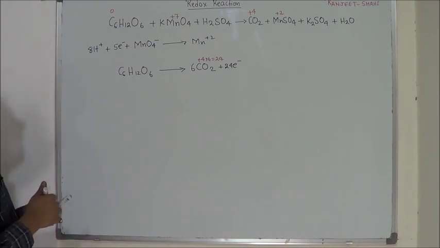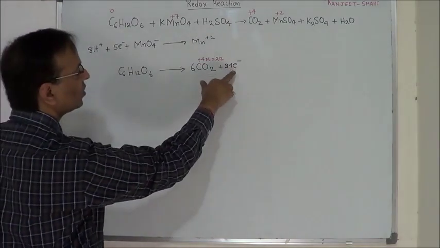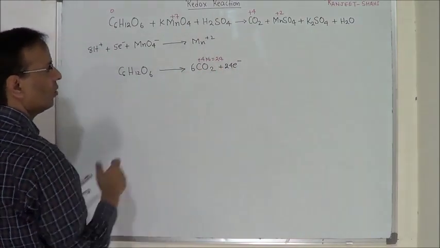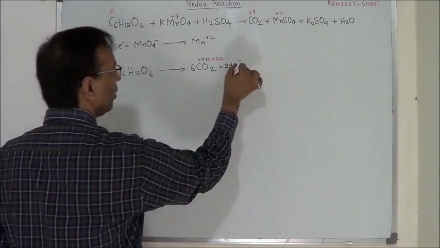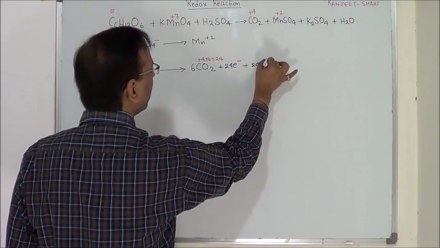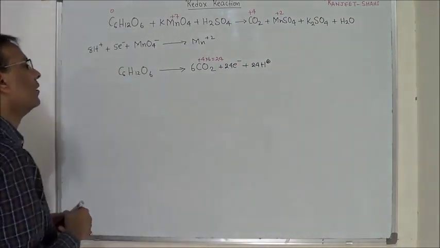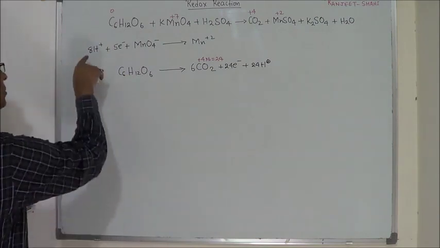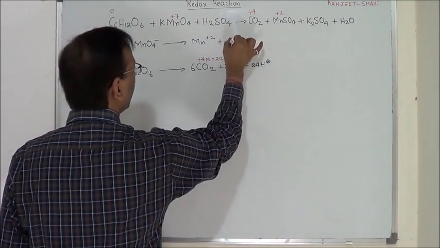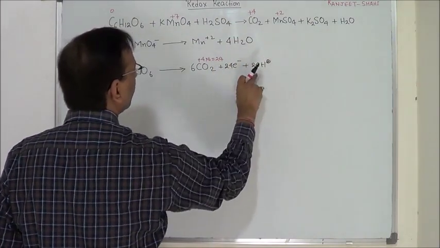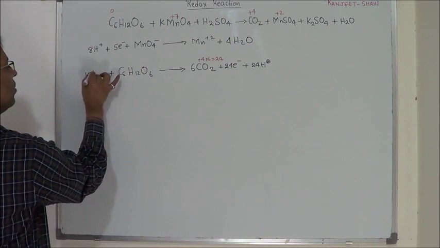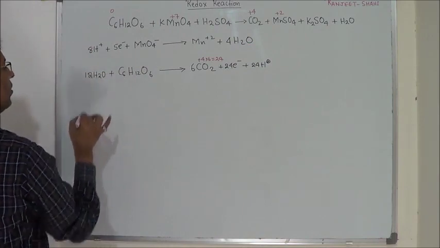In the second reaction we have 0 on left, minus 24 on right. So in order to make the charges equal, we'll have to add 24 hydrogen ions on the right side. Now balance hydrogen and oxygen. So 8 hydrogen will be balanced by 4 water and 24 hydrogen will be balanced by 12 water.